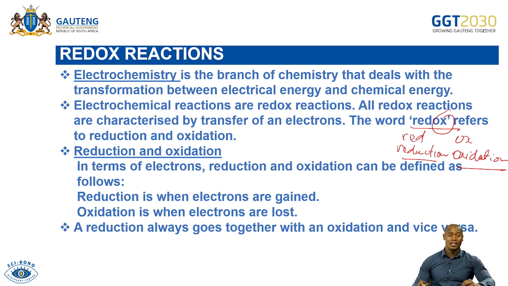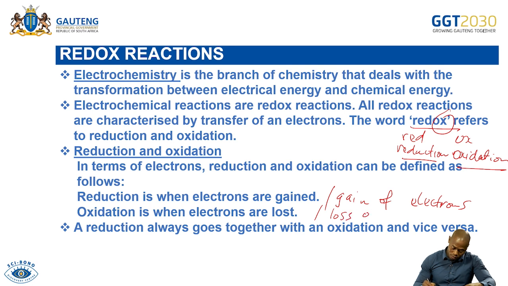And then oxidation is when electrons are lost. According to our exam guide, reduction is gain of electrons, and oxidation is loss of electrons. That is how we can define oxidation and reduction in terms of electron transfer.